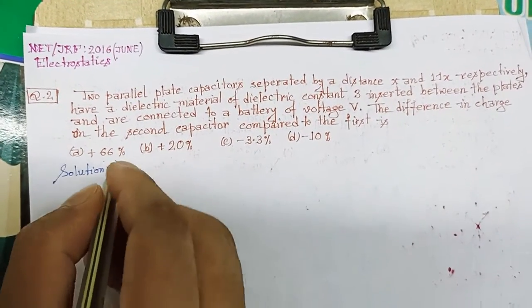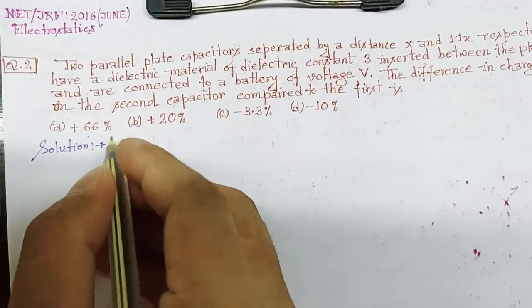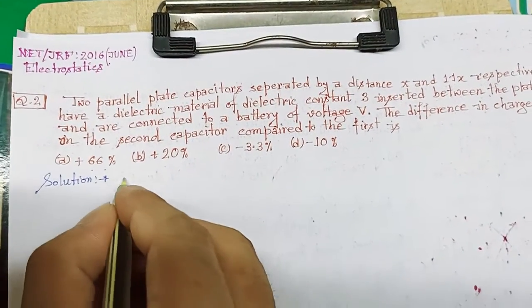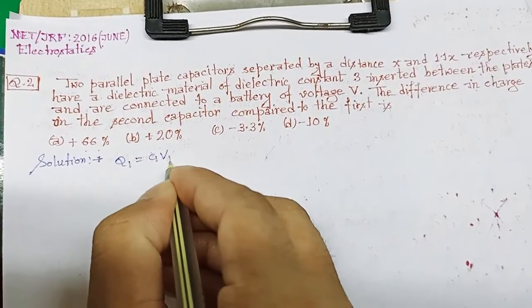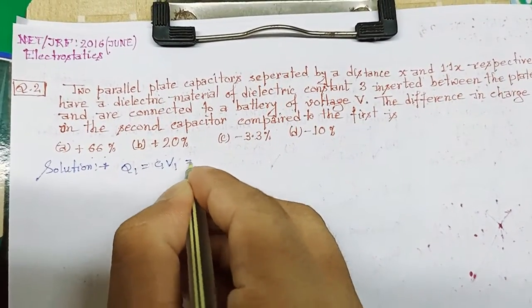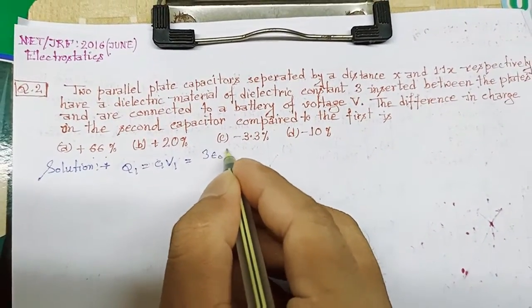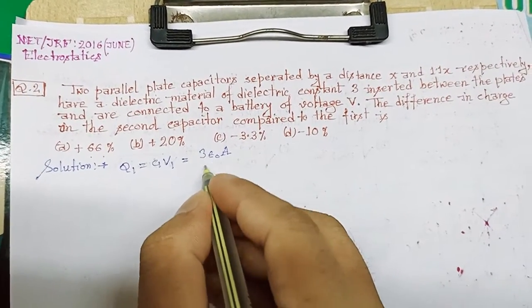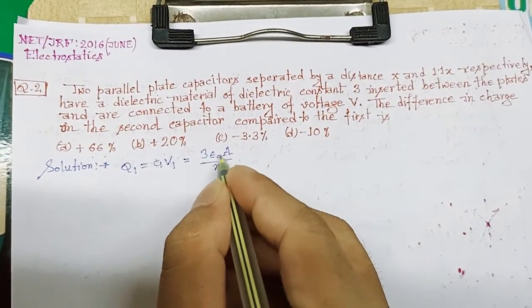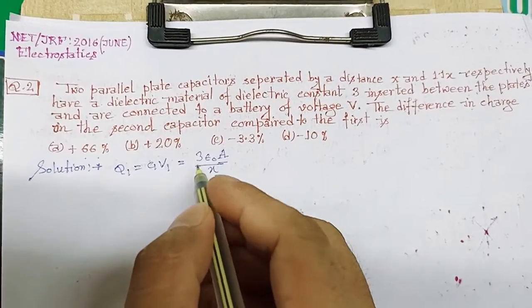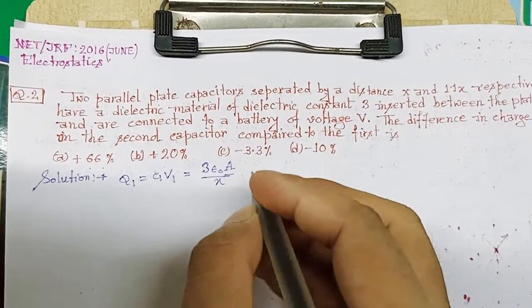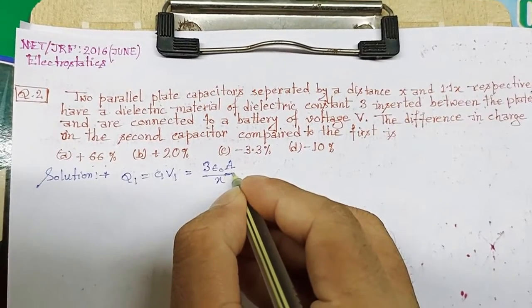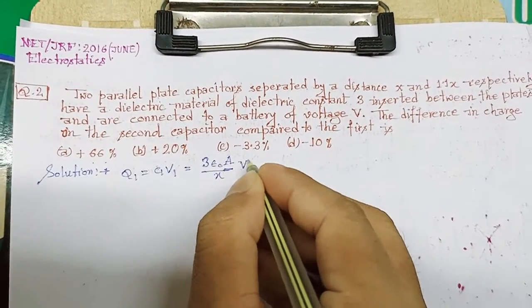For solving this question, as we know from the definition of capacitance, Q1 equals C1 V1, which is equal to 3 epsilon naught A divided by X, times V. This is the value of C1 because a dielectric constant of 3 is inserted between the two plates of the parallel plate capacitor.